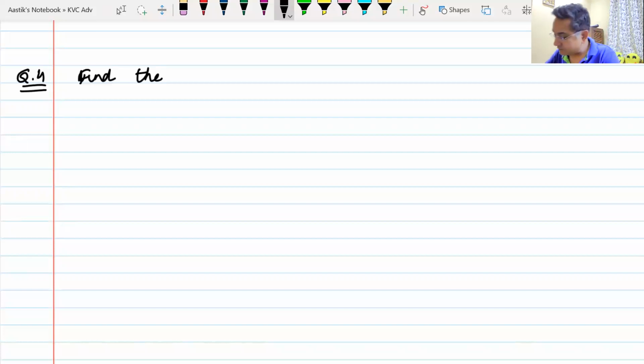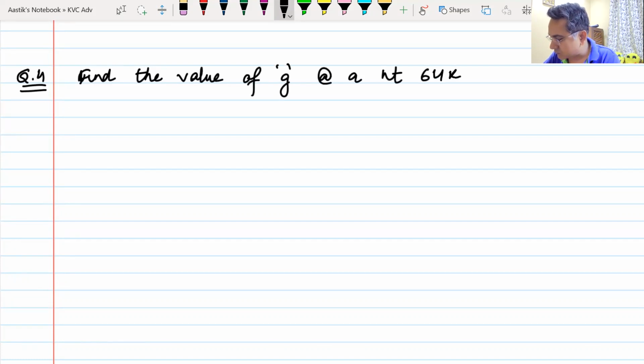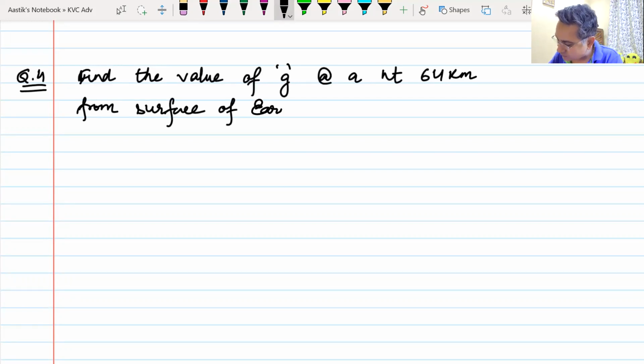Last question for today. Find the value of G at a height of 64 kilometers from the surface of Earth. You must know the radius of Earth.